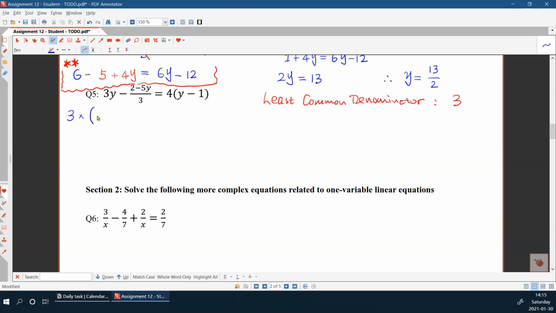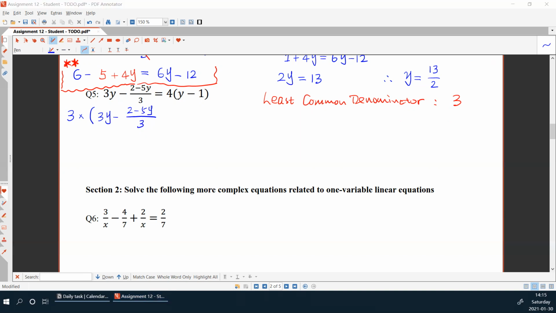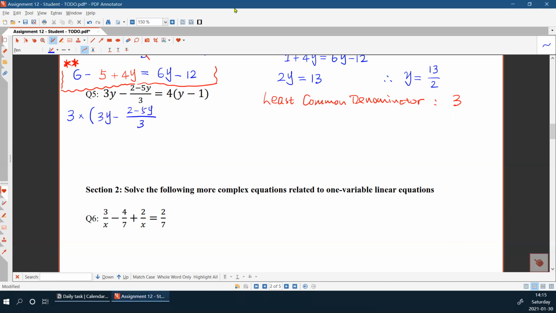Okay, left hand side gives us, okay, you can just copy it to the next step. Right hand side, again, times a 3 to the right hand side. Okay, next step, you need to use the distributive laws.